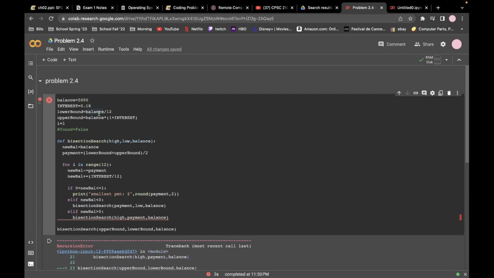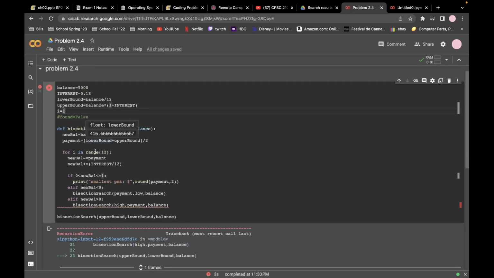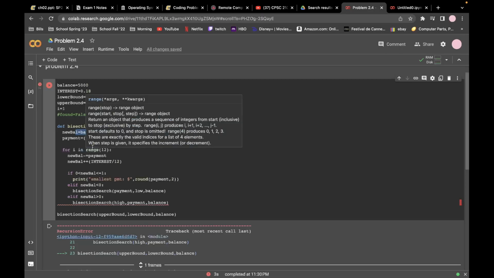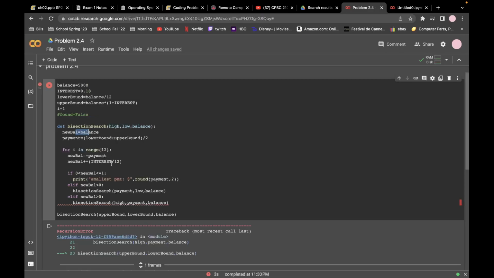Lowest is balance divided by 12. Upper bound is balance times 1 plus interest, divided by 2. New balance equals balance, for I in range 12, new balance minus the payment.